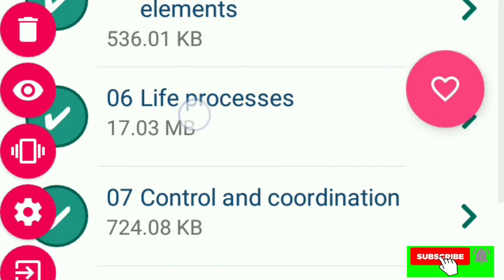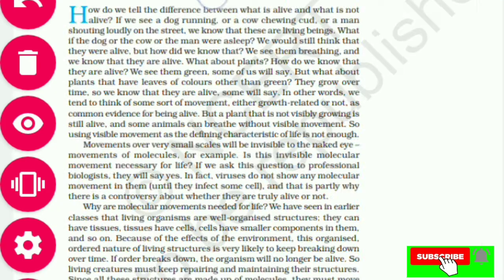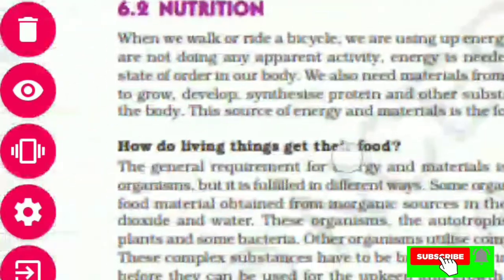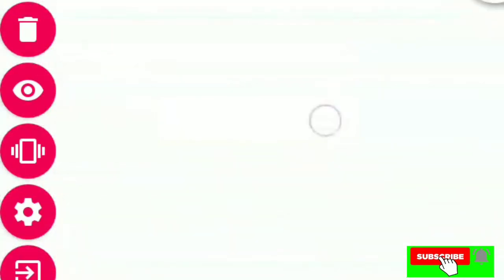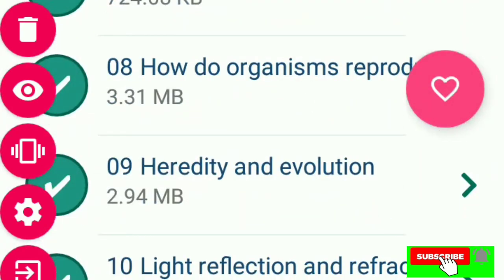Life processes, what are the life processes? Nutrition, various processes you will study. Heredity.